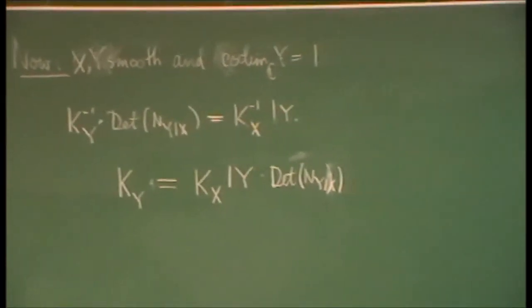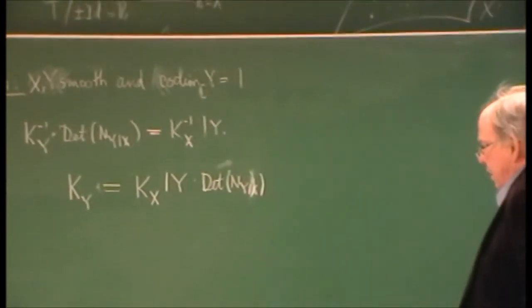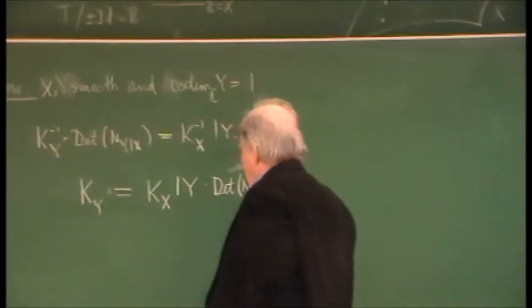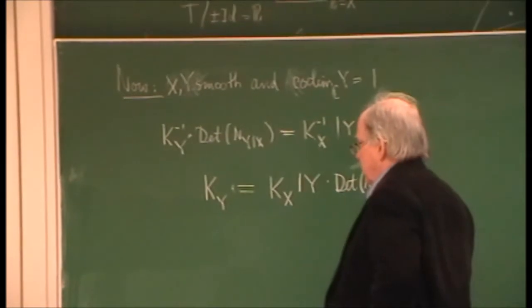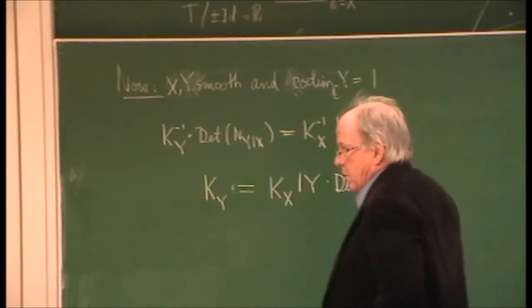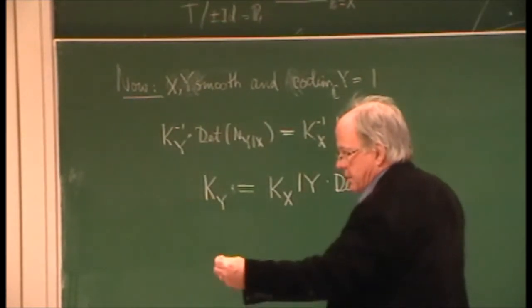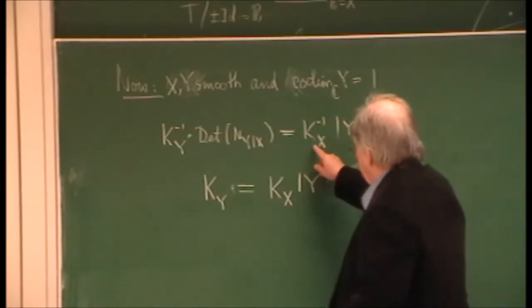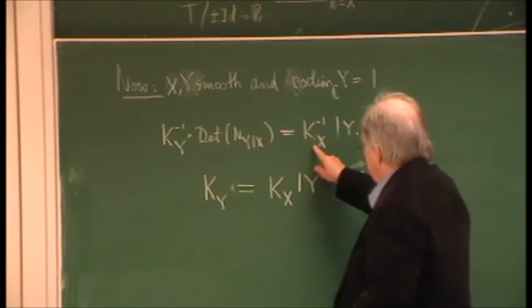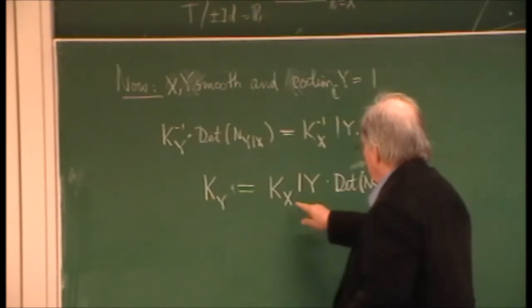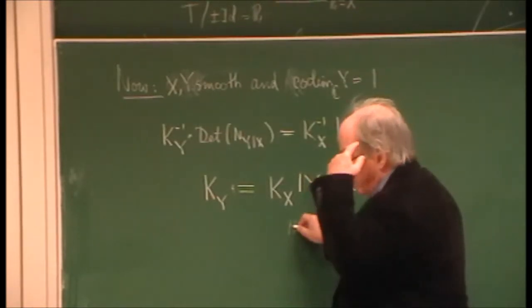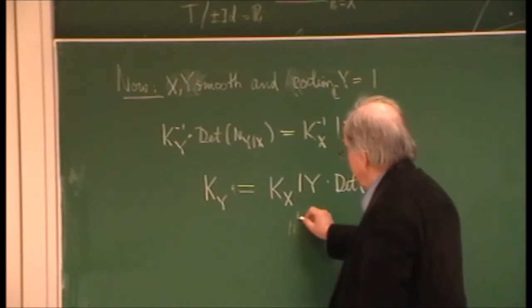Okay. I want to check that I haven't made a sign mistake. Is that really right? So that times that equals that, and that is correct if the canonical bundle is. So let me just check for fun what I get here. I know in the background what should be going on. This should be H4.